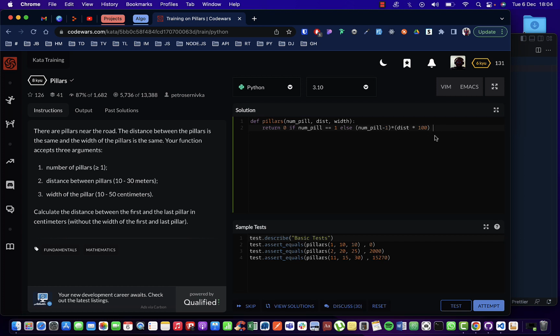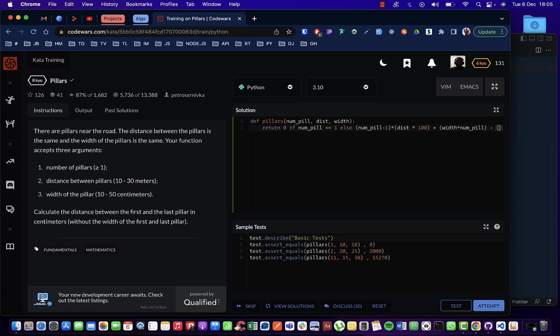So in the same way we did before, we consider all the pillars that we have, and we'll now consider taking away the first and the last pillar. So we'll just say the same thing, width this time times num_pil, which is the number of pillars, and then we're going to subtract the 2 pillars, the first and the last one.